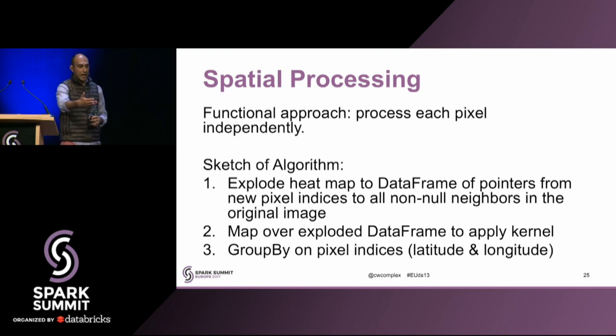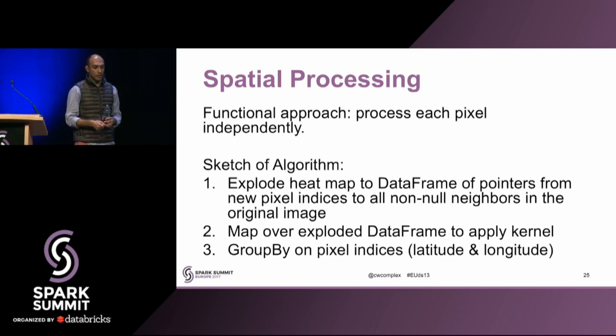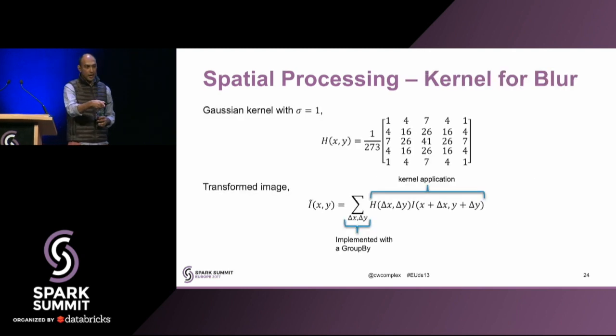In this way, we can get all the new pixel locations in the sparse smoothed image. Once we have that, we have to identify a certain type. And after that, we map over the exploded data frame to do the kernel application. And from there, we just do this group by, which gives us the final pixel value in the sparse smoothed image.